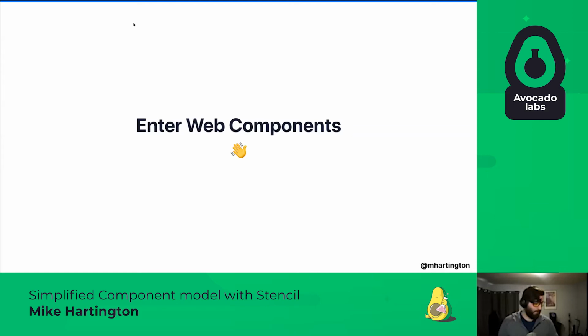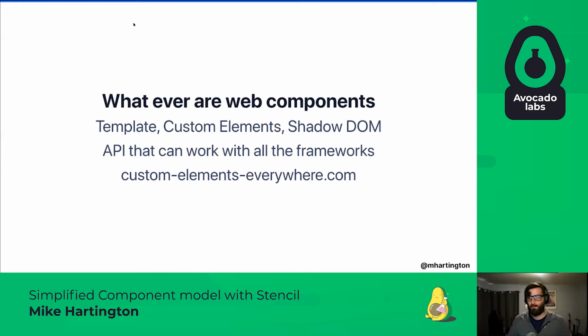Now, web components, you probably have heard of them before. You probably think that this is the full standards name. And I want you to think about web components as being the EU. Web components are not necessarily a single standard, but they are a collection of standards, much like the EU isn't its own country, it is a collection of countries together.